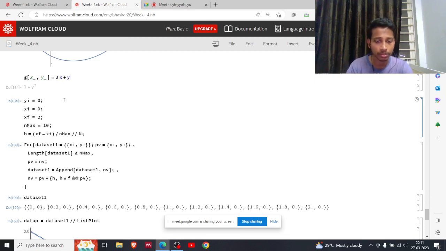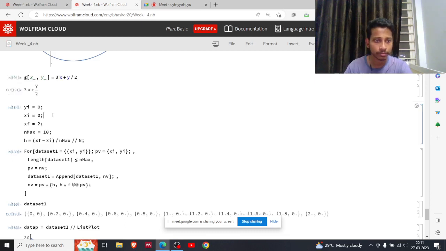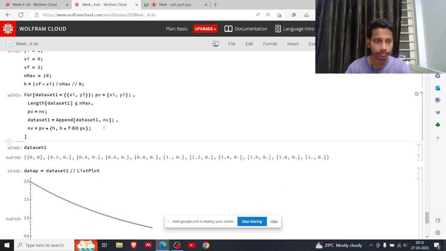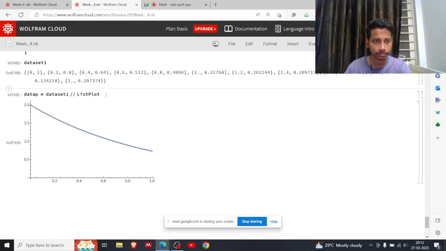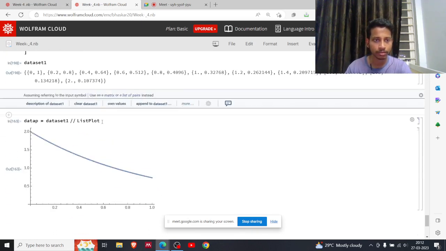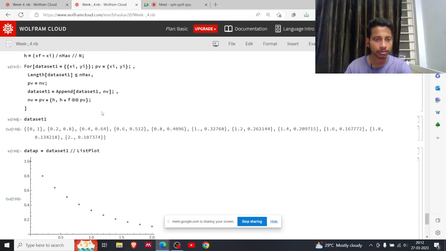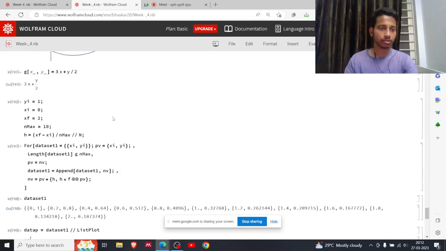Now I will use 3x plus y by 2, with the initial condition y equal to 1 at x equal to 0. So this is the solution.